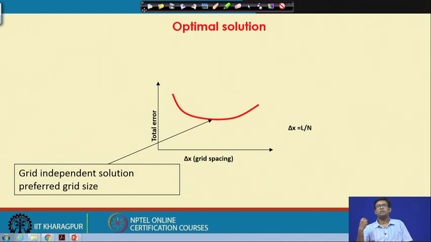Any solver, any numerical method we are using to solve a physical problem, like a Laplace equation coming from the heat conduction equation, or a Poisson equation coming from mass conservation and pressure balance equation in a fluid flow, or a stress strain relationship in a solid mechanics problem, is a differential equation which is converted to a difference equation, and then we are using a matrix method to solve these equations.